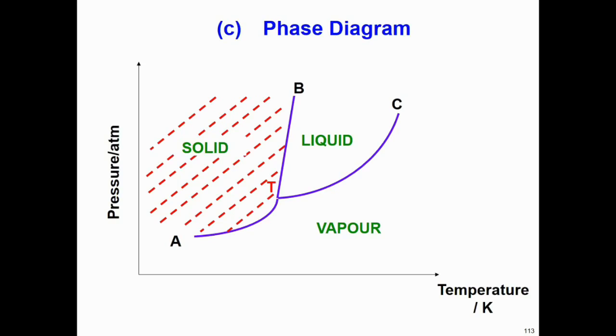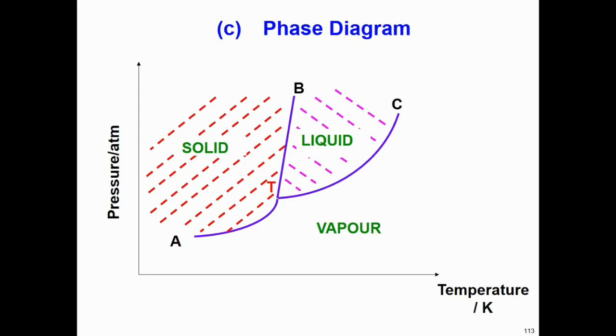Therefore, they have a tendency to become solid. Next, as we go towards the right, meaning that we increase the temperature, substances have a tendency to become liquid.